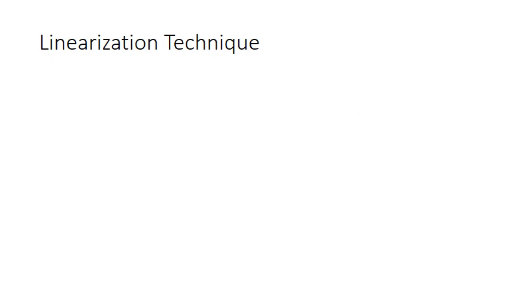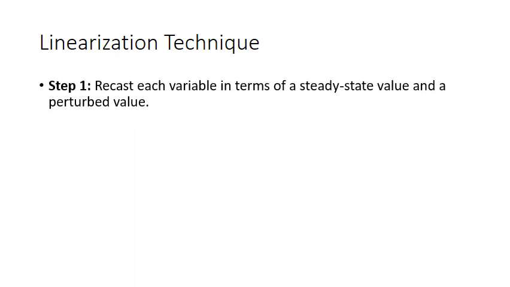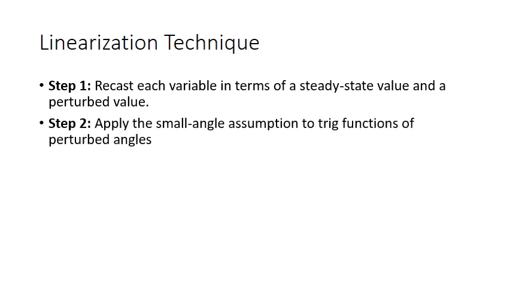The following four-step approach summarizes the linearization technique. Step 1. We cast each variable in terms of a steady-state value and a perturbed value. Assume small perturbations, multiply out and use trigonometric identities. Step 2. Apply the small angle assumption to trigonometric functions of perturbed angles. Cosine theta, for example, will tend to 1.